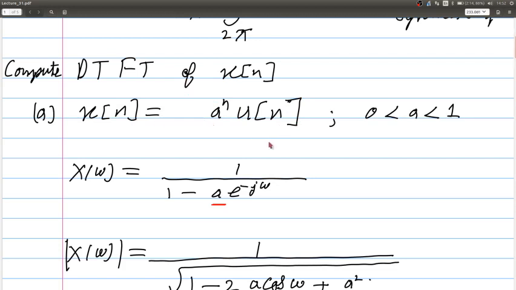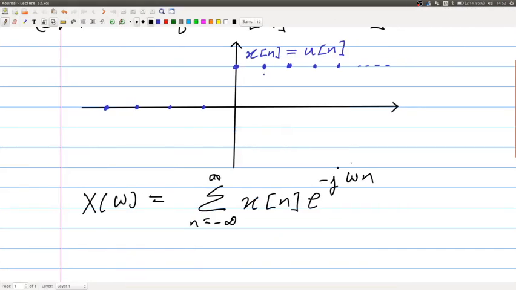That's why we were able to directly apply the geometric progression formula for an infinite series. Here we can't directly apply the limit a tending to 1 in this summation, because we will get a non-converging series.